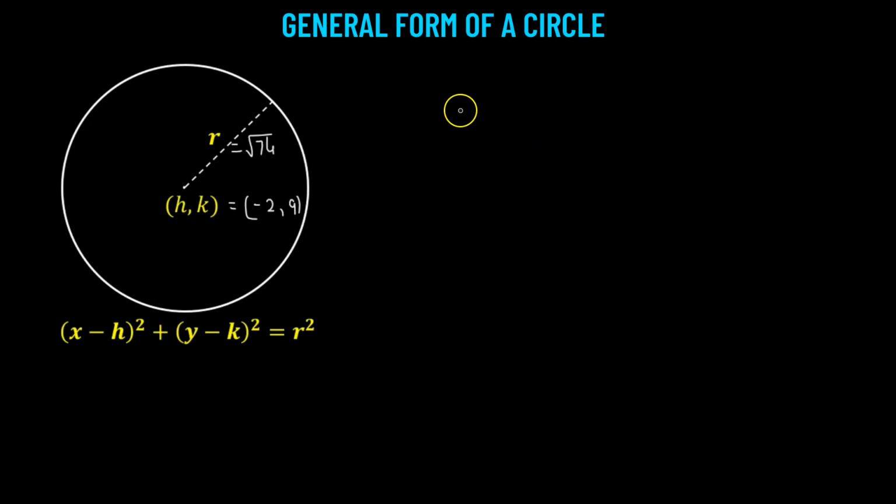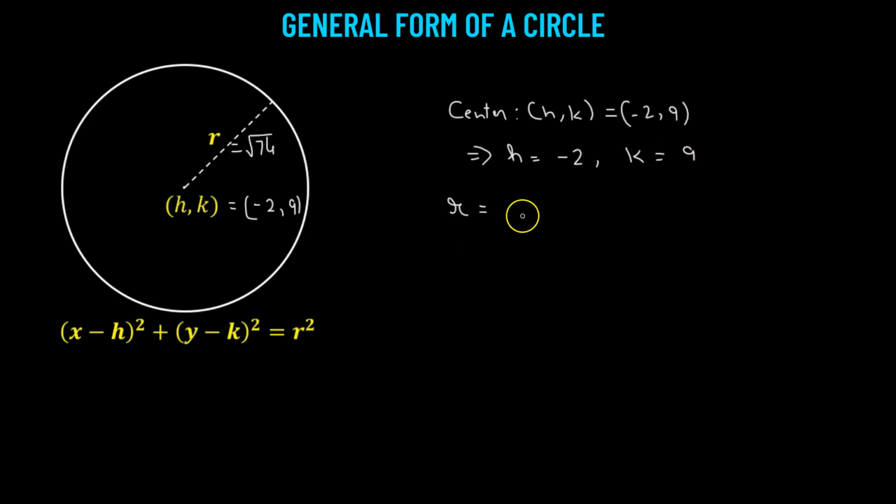Fine. So let's note this down. Our center, which in the standard form is given by h comma k, corresponds to negative 2 comma 9. So that means our value of h is going to be negative 2, value of k is going to be positive 9. Now the radius, we have already defined, that's going to be square root of 74.